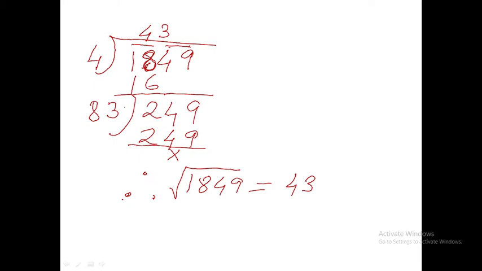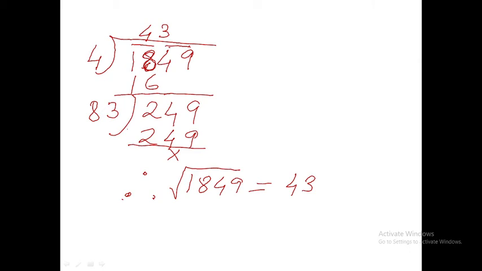Then one more digit you put in the unit place and multiply by that number, to find the maximum that is less than or equal to 249. If I put 3 here, we get 3 into 83, which is 249. So the next digit in the quotient will be 3.